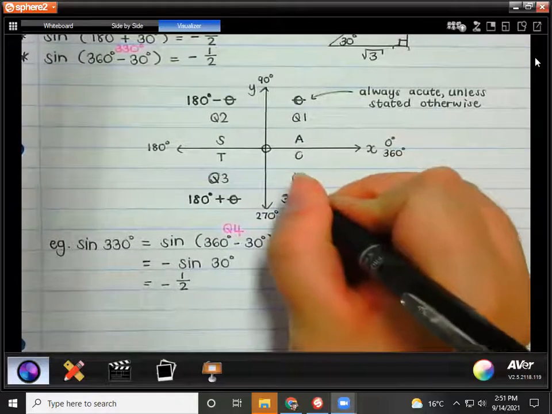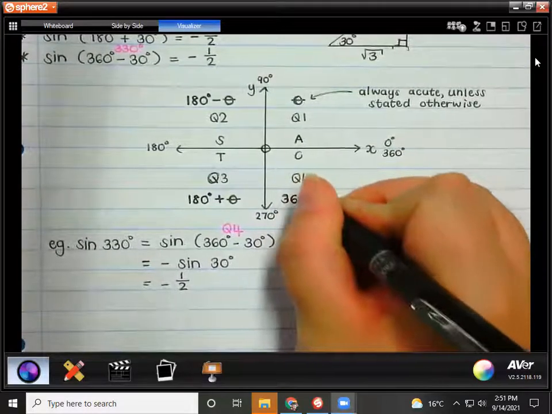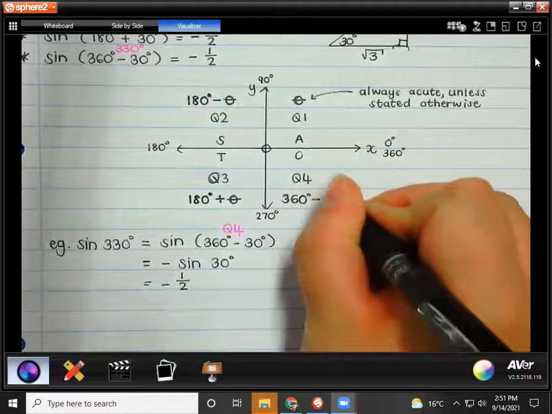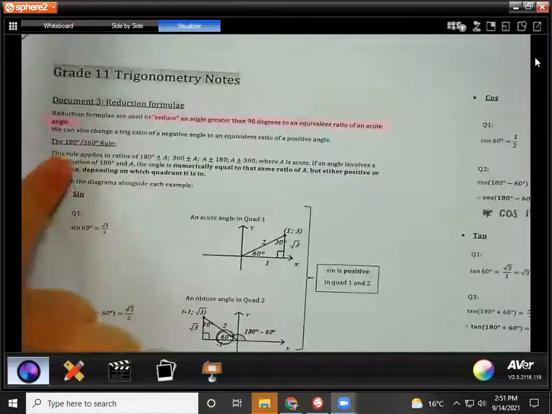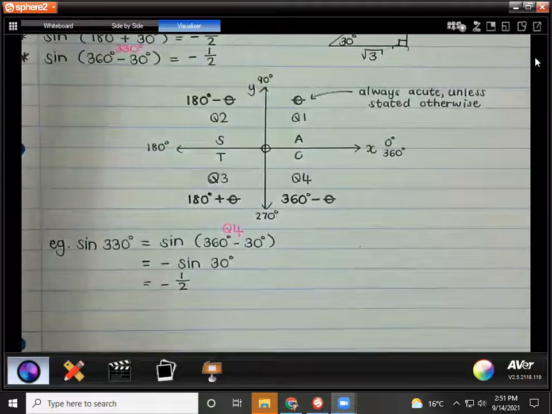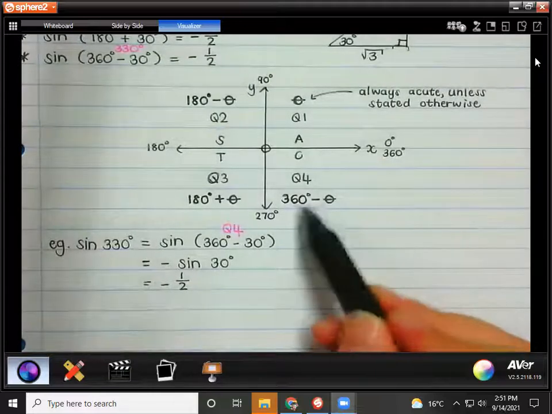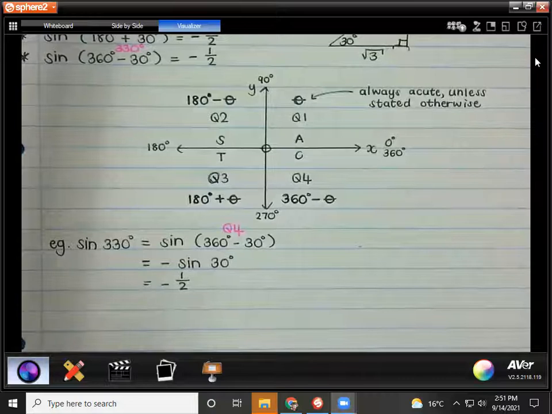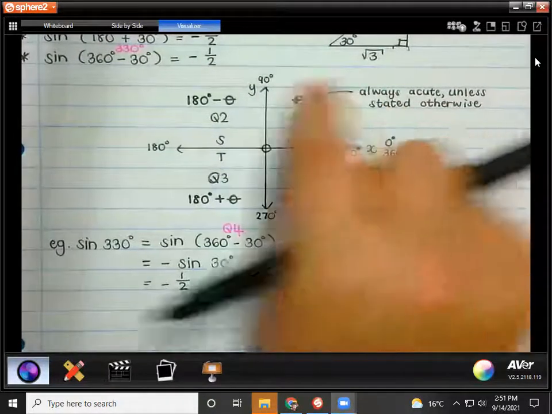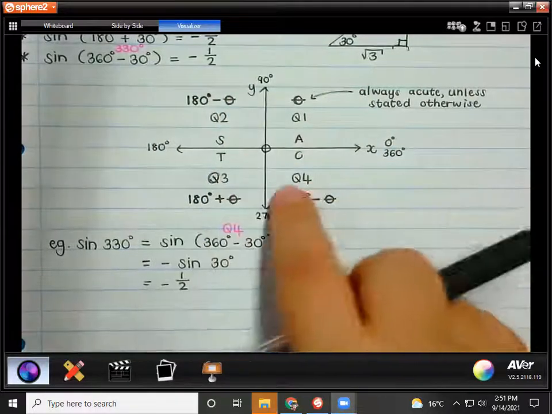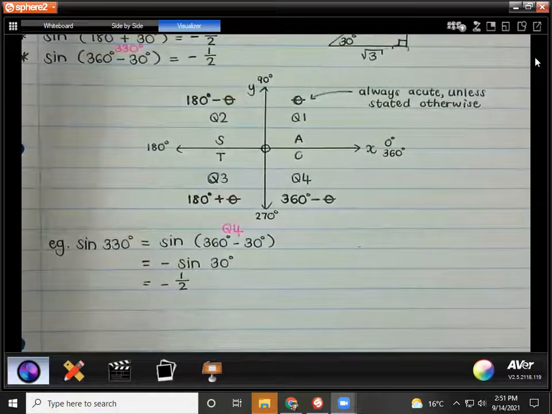We can also work with 270, but that also has a different rule. So for now, that's why they're saying in the note, the 180, 360 rule. 360 minus theta will always get you an angle that is in the fourth quadrant. Please highlight those, guys. The 180 minus, the 180 plus, and the 360 minus.